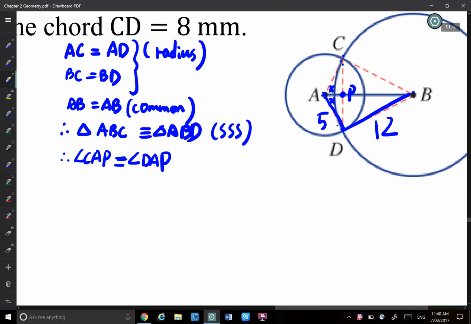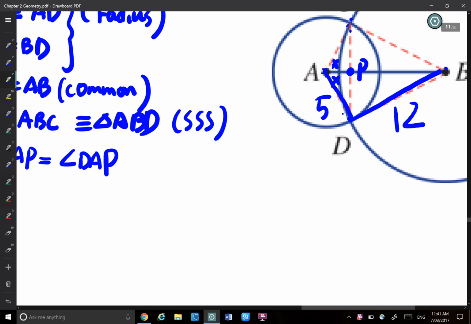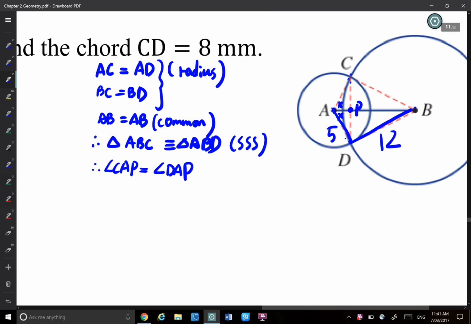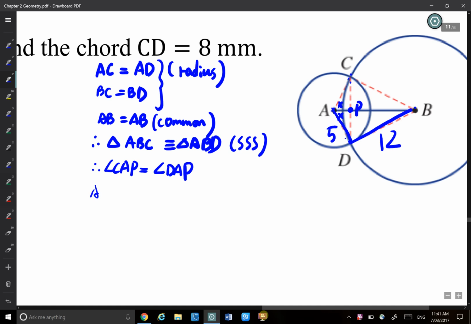Those two angles must be equal because they are congruent triangles, and I know the corresponding angles must be the same.